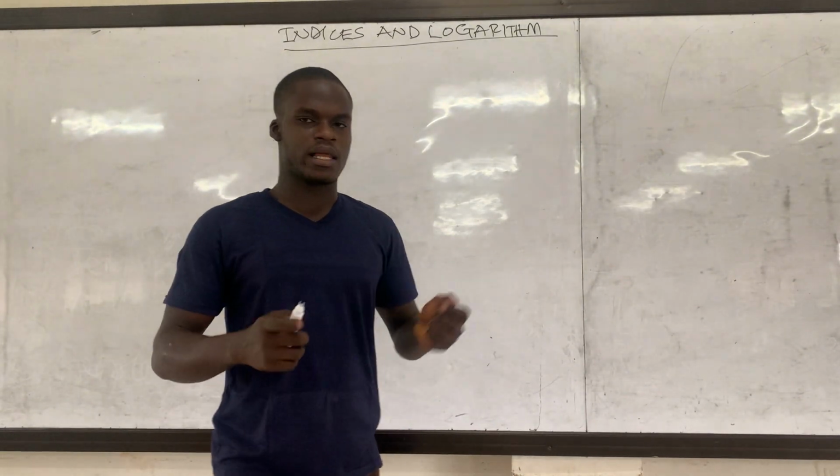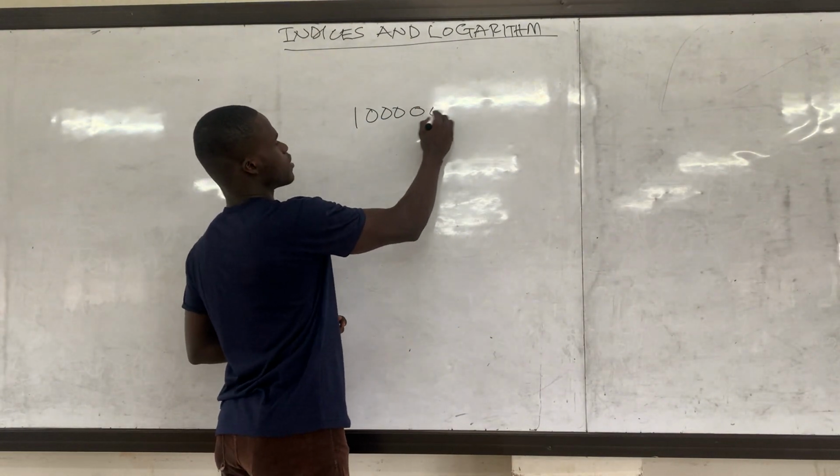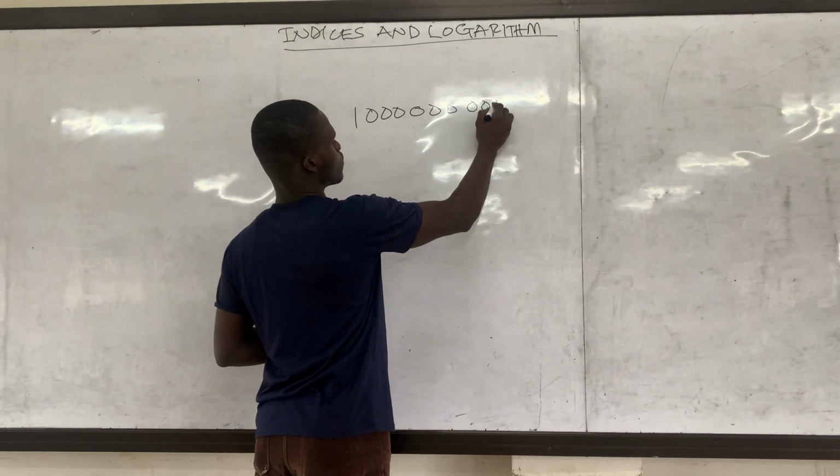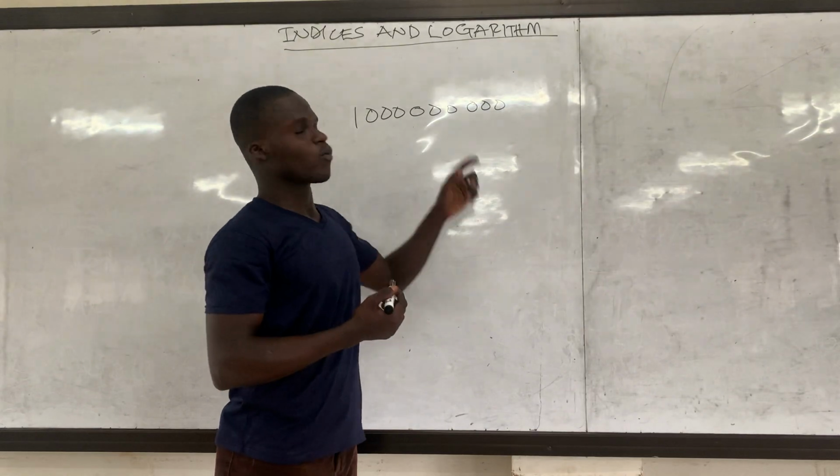Let's take a number like 1, 2, 3, 1, 2, 3, 1, 2, 3. This is mentioned as 1 billion, right?